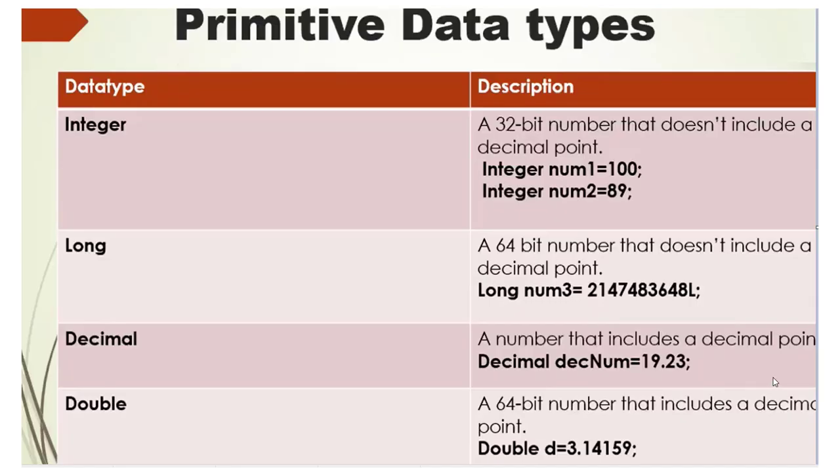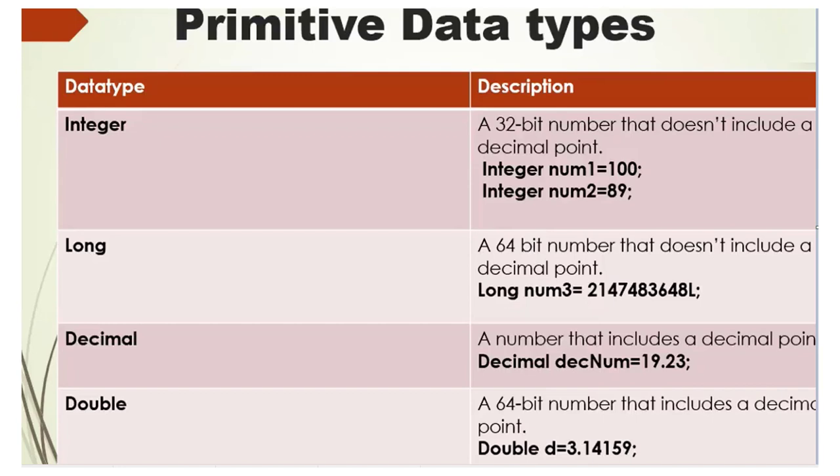The next primitive data type is long, which is a 64-bit number, again, that doesn't include a decimal point. We use it only to store numbers which are lengthier in nature, and this data type always ends with the letter L. So just be mindful about that.